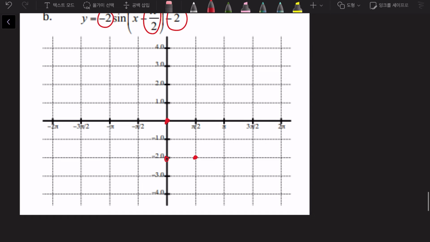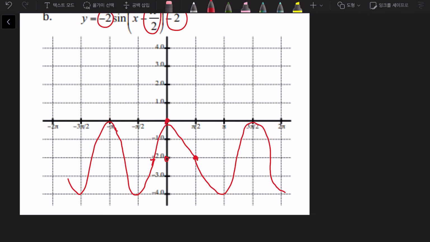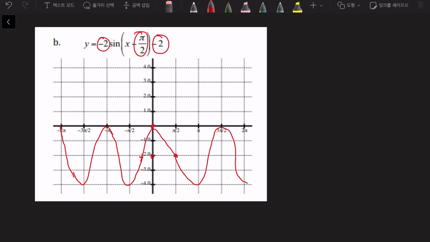And this minus is 2, so the amplitude is not 1, it should go to 2. So if I graph it, it will be something like this. Yep, that's the approximate graph of this equation.